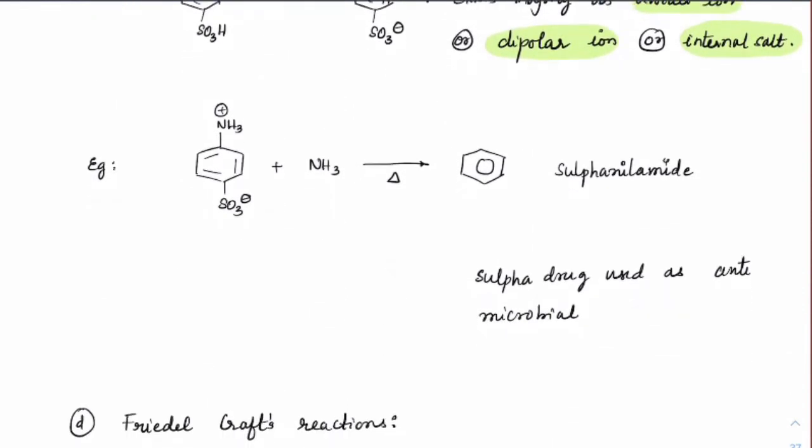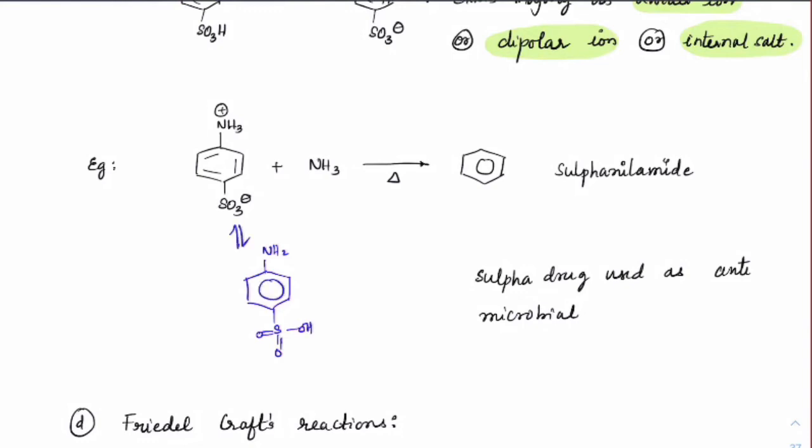In case we take sulfanilic acid, para sulfanilic acid, and react with NH3 and heat, the SO3H first, the minus will extract, this OH which is formed here. Let me show it in the other form, which is NH2 with S double bond O and OH.